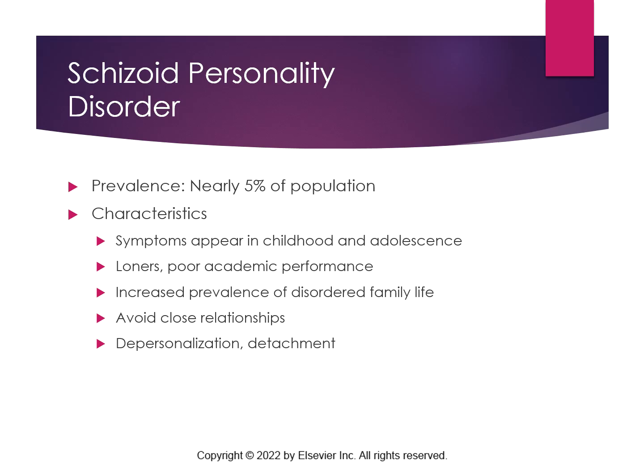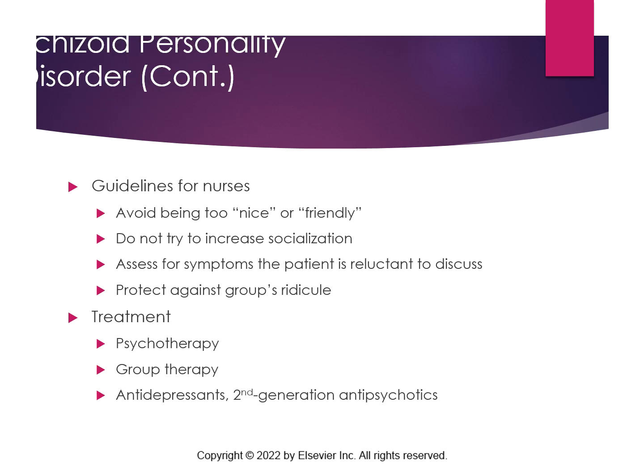They have an increased prevalence of disordered family life, and they avoid close relationships with others, and they are characterized by depersonalization and detachment. So they are very detached from other humans, and they're very much loners.